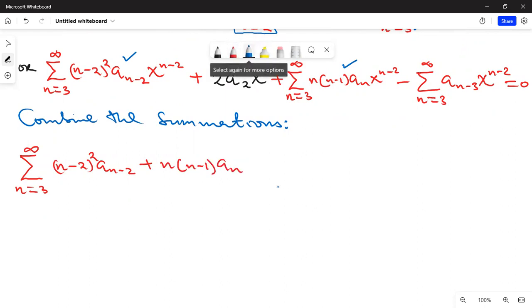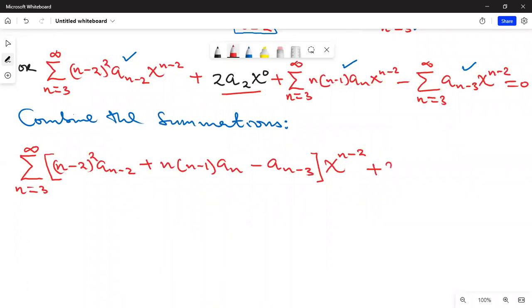Then the third summation is now a minus an minus 3. So all this will multiply x raised to n minus 2. Then you see this one will be plus 2a2 x raised to 0. That should give us 0.